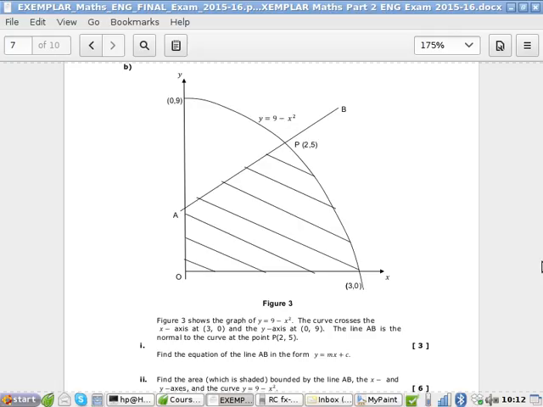Sorry, no, that's fine. To get the C, you have to use 2 and 5 as x1, y1, as x and y in y equals mx plus c.